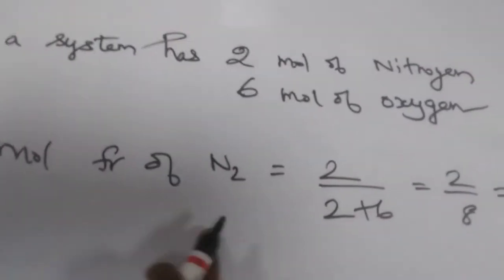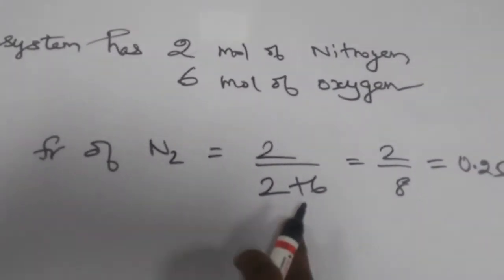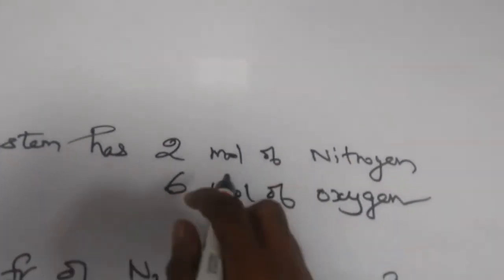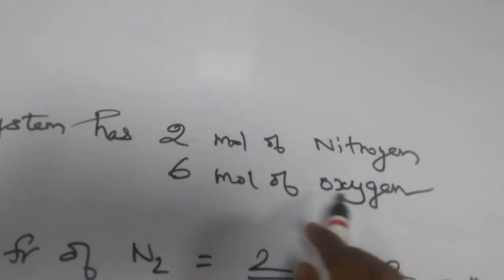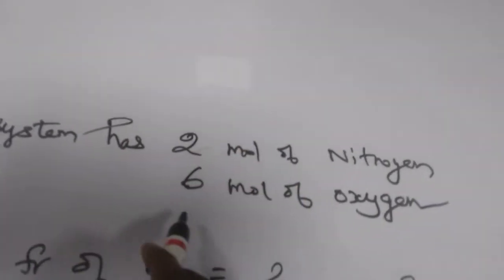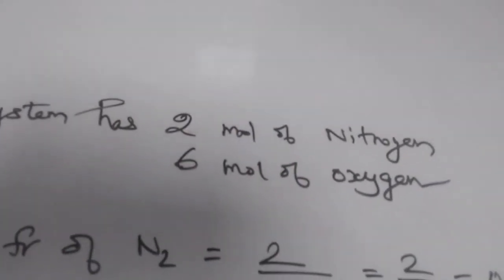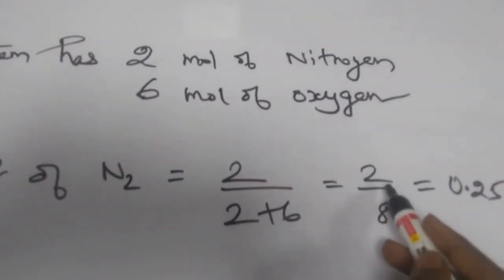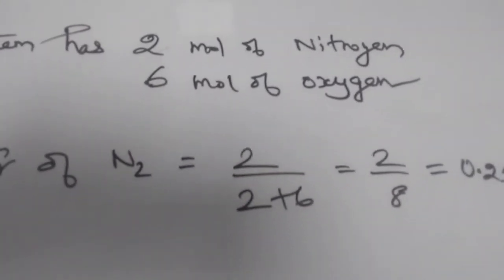So that is mole fraction of nitrogen. Number of moles of nitrogen is 2 and number of moles of oxygen is 6. So total moles is 6 plus 2, which is 8. Okay, so we get 2 by 8, which is 0.25.